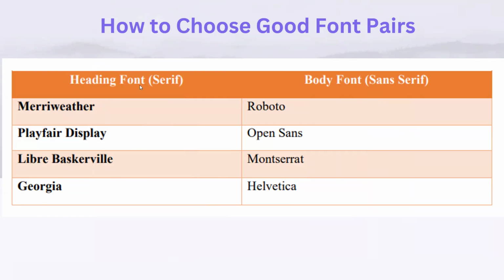You want to select good fonts for your heading. Merriweather can make good headings. Roboto can make good body fonts. So this is just a suggestion to you, just as you are stranded to make a decision. We have a very good decorative font called Playfair Display. You can use it for heading. It can be best paired with Open Sans for the body. I have Libre Baskerville.